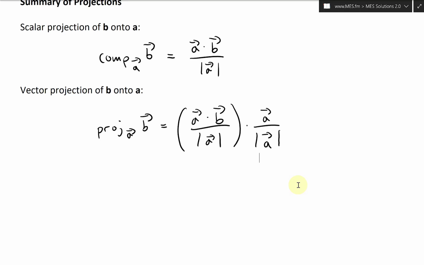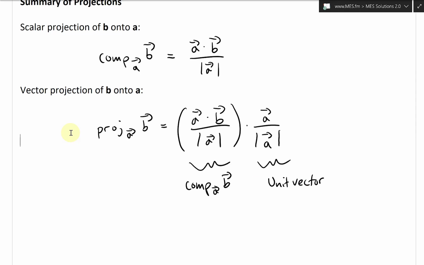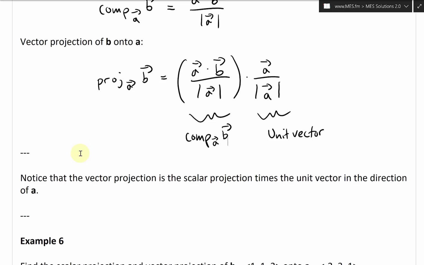So yes, that's fascinating. In other words, this right here is the component onto A of B, and this right here is the unit vector along the direction of A. All right, let's continue further.